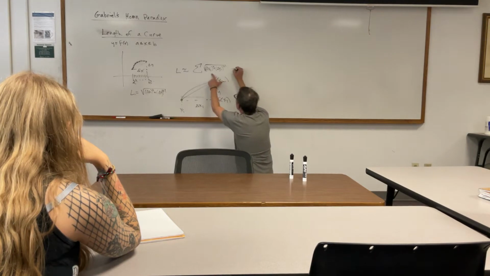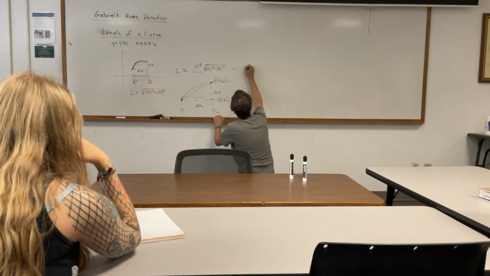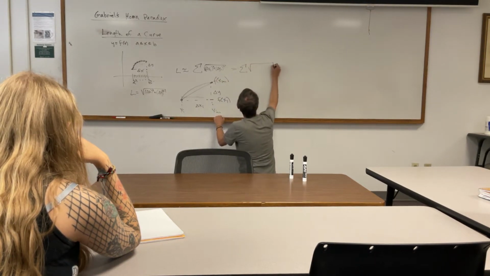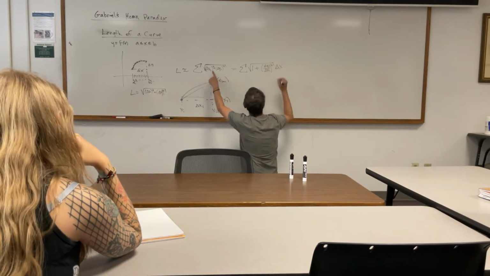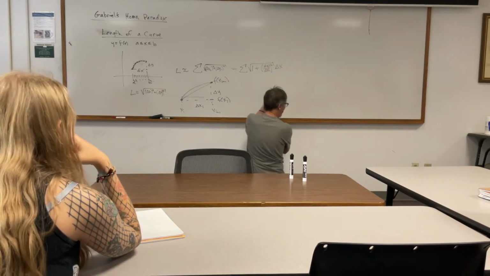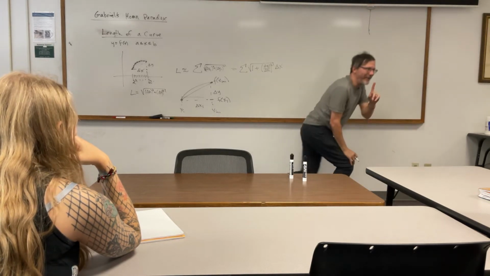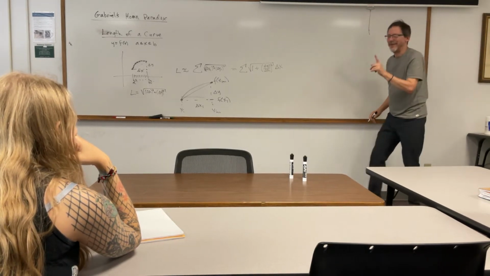I'm gonna factor out a delta x from this. So this is some square root. I'm gonna write this and then maybe you can tell me if this looks okay. This might be a manipulation that looks a little intense for you if you haven't seen it.